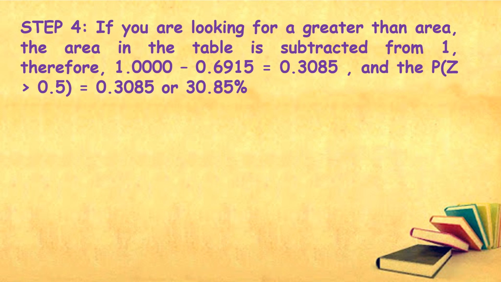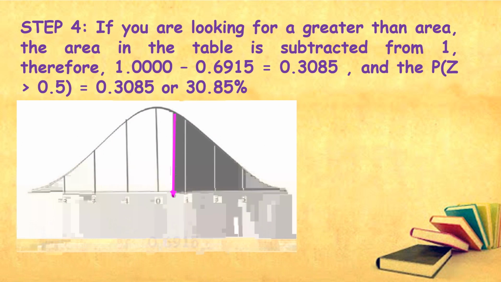Step 4, if you're looking for a greater than area, the area in the table is subtracted from 1. Therefore, 1.0000 minus 0.6915 equals 0.3085. And the probability that z is greater than 0.5 equals 0.3085 or 30.85%.